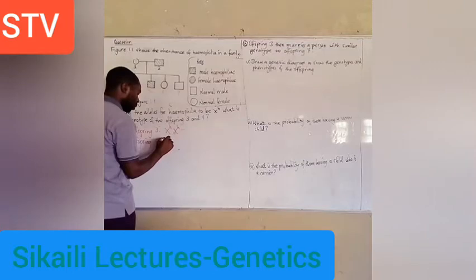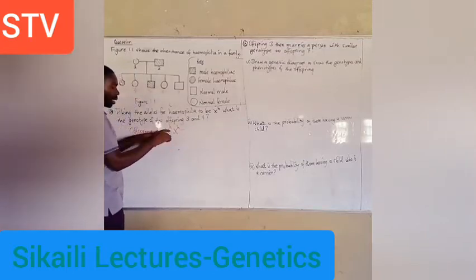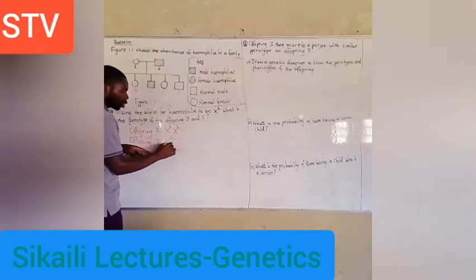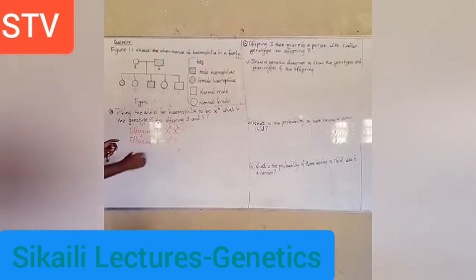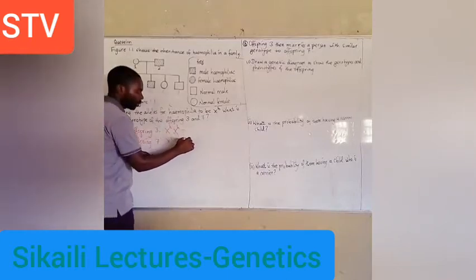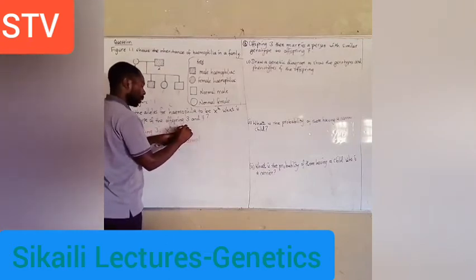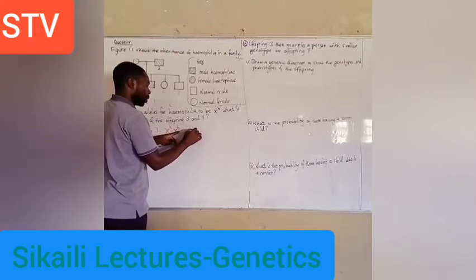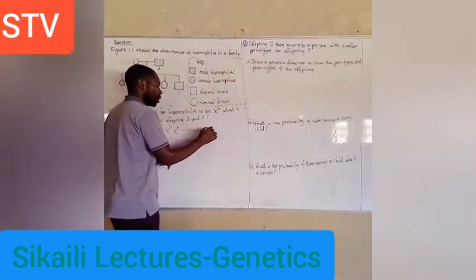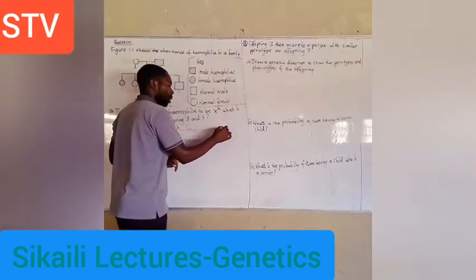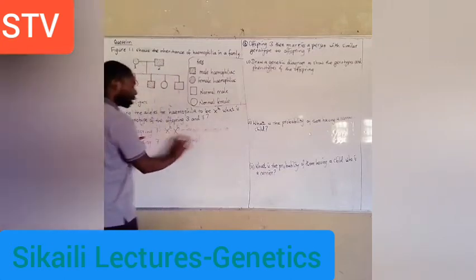Of course, the normal male we will write as X with the capital letter H, and then Y. That is normal male. Then this is a female hemophilia, and that is the arrangement.